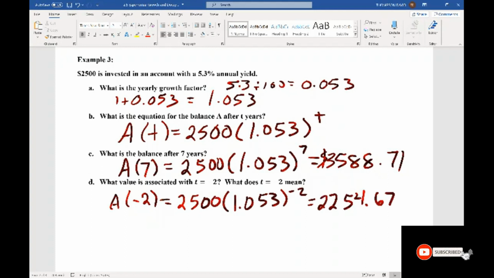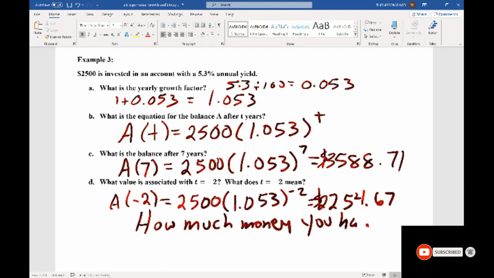What does this mean? How much money you had 2 years ago. And we are done.